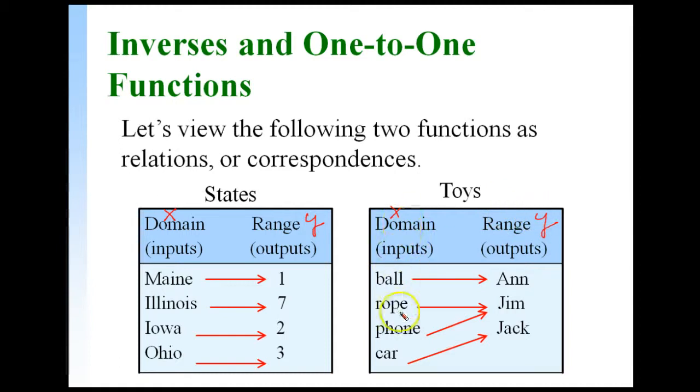Now our domain, notice, is not a one-to-one relationship. It is a function because the domain item is used only once. But because Jim has two things, it's not a one-to-one relationship. So sort of keep that in mind.